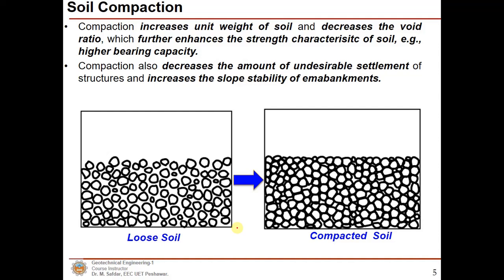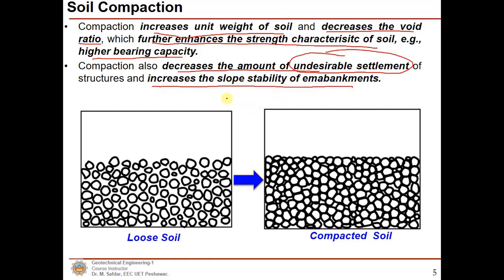Now compaction increases the unit weight of soil and decreases the void ratio, which further enhances the strength characteristics of soil, which ultimately gives us a higher bearing capacity of that particular soil. Compaction also decreases the amount of undesirable settlement of the structures and increases the slope stability of the embankments.